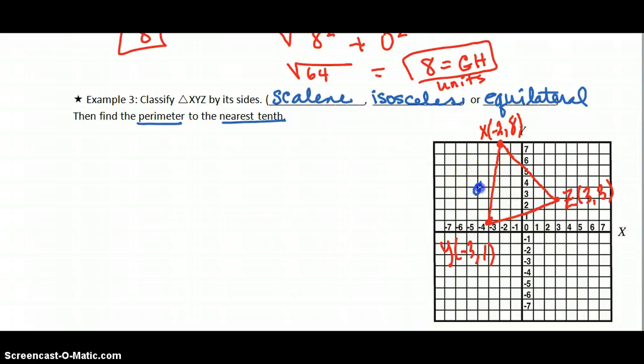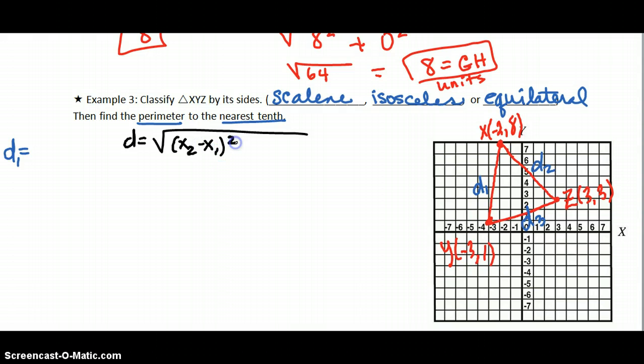I'm going to need to find this distance, and the third distance. So I'm just going to call them D1, D2, D3. So D1, my distance for my first set of points, is going to be, and again, let's rewrite the formula just so we have it in front of us. The distance formula is the square root of your x's subtracted, then squared, plus your y's subtracted, then squared.